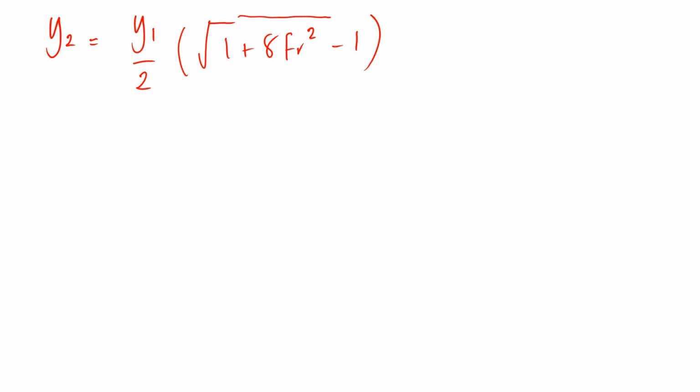So you use the hydraulic jump equation, which is y2 equals y1 over 2 times the square root of 1 plus 8 Fr squared, minus 1. First of all, we calculate Fr squared, which is equal to V squared over g y.